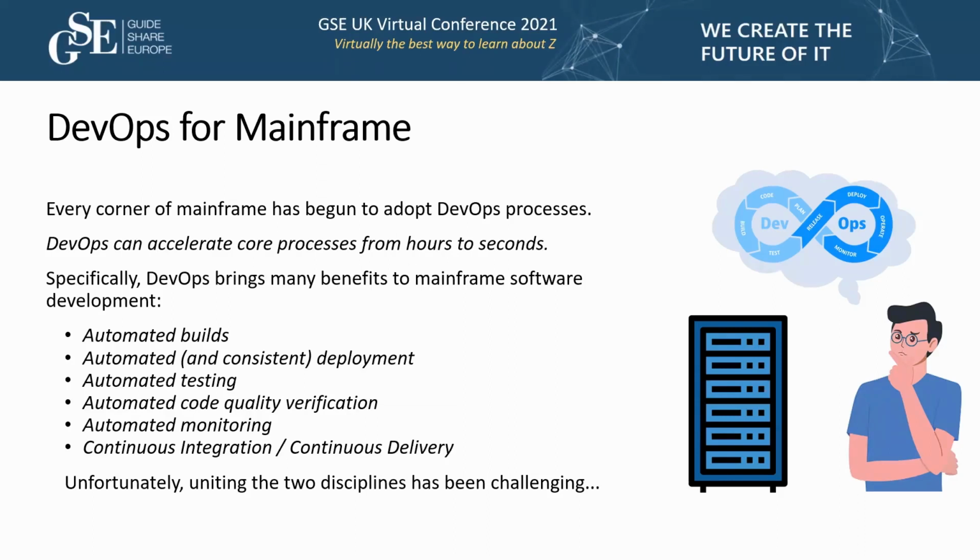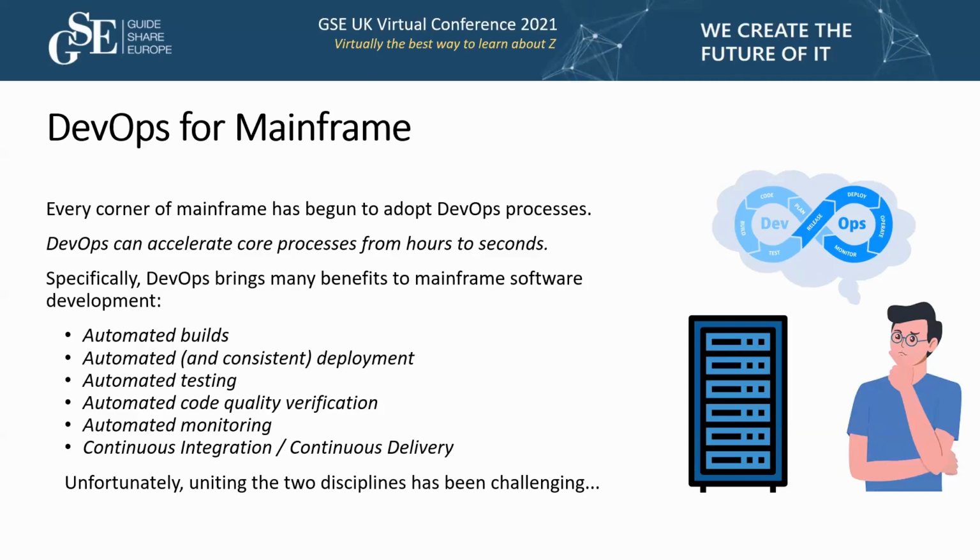In particular, DevOps can dramatically accelerate many of your core processes. For example, traditionally, it has been normal to write several lines of code for a monolithic structure and then wait hours for it to compile. With DevOps practices, you can complete this work in seconds.